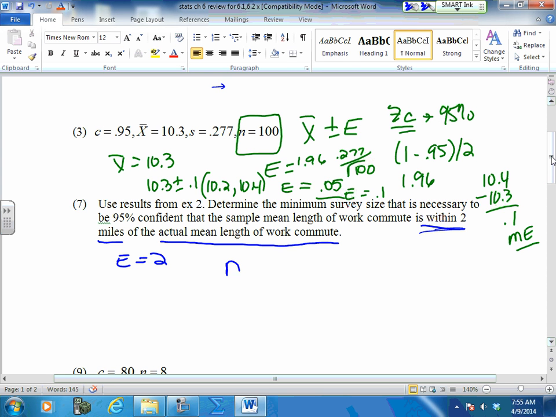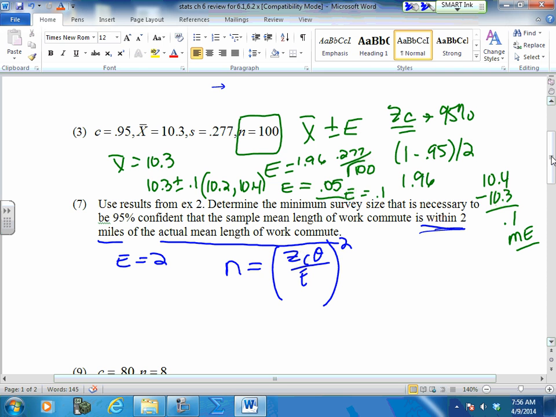Anybody remember the formula? For sample size, if you look over to the page next to this, sample size. The whole thing is squared. Make sure you square the whole thing.